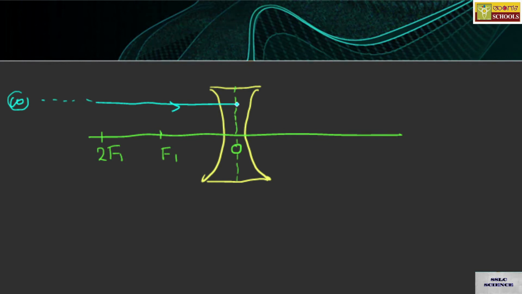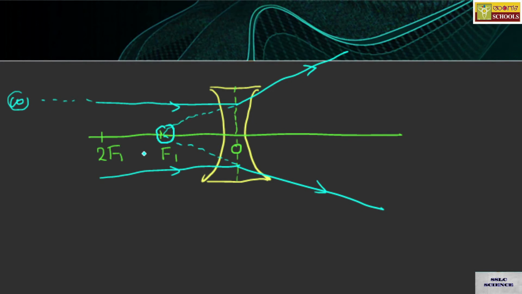Since it is divergent in its nature, it will go like this. Similarly, we can take this side also. So it will go like this. If you drag these two back, you will have the image at f1. You will get the image at f1 position, which is on the same side. Okay, I hope you got this step right.